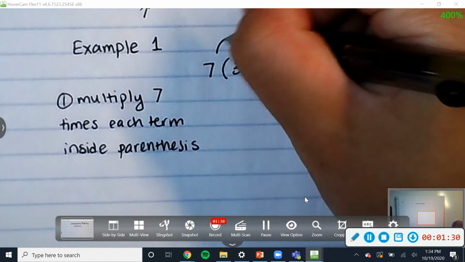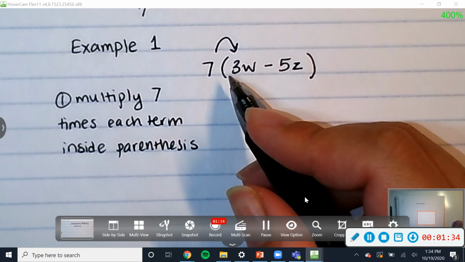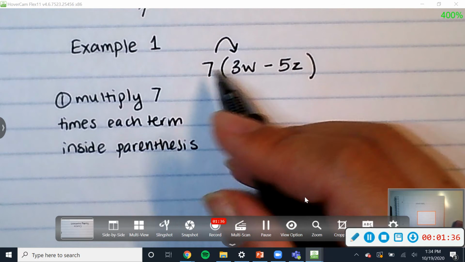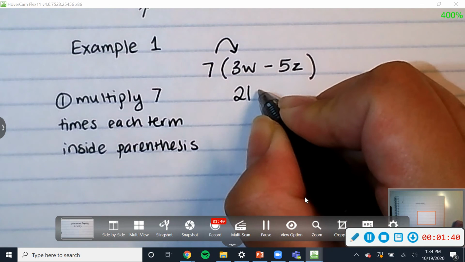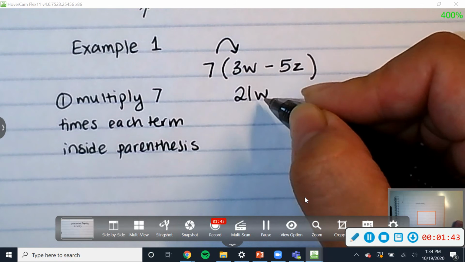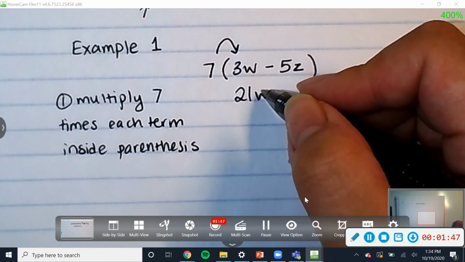So I'm going to multiply 7 times 3w. When I'm multiplying, I only focus on the coefficient, so the number that's in front here. So I multiply 7 times 3. That's going to give me 21. And I always keep this variable the same. Make sure you don't forget the variable. So this would be 21w.